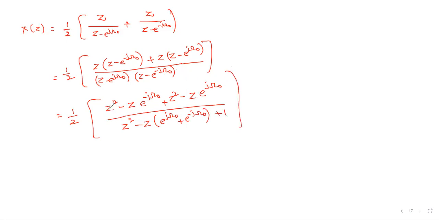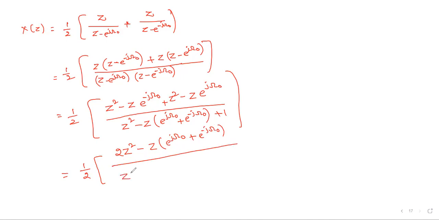Now z² plus z² gives 2z², so 1/2 into [2z² − z(e^{jω₀} + e^{−jω₀})] divided by [z² − z(e^{jω₀} + e^{−jω₀}) + 1].